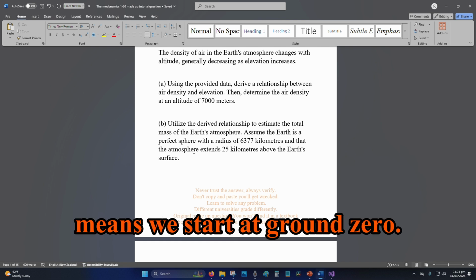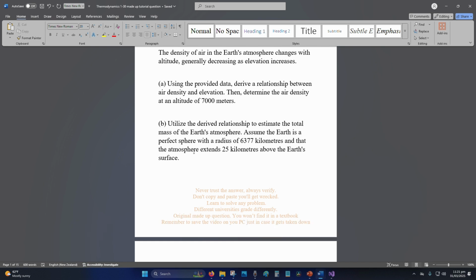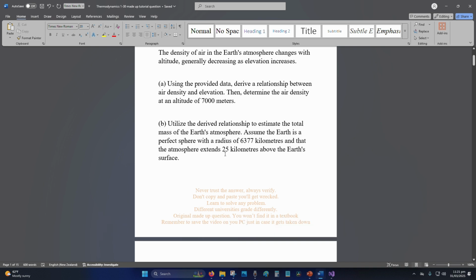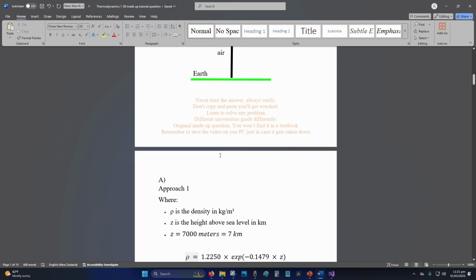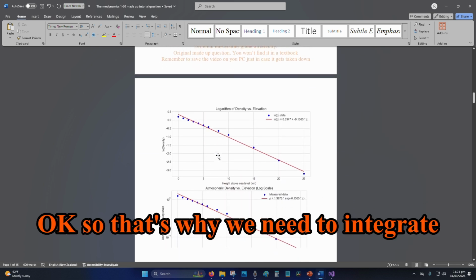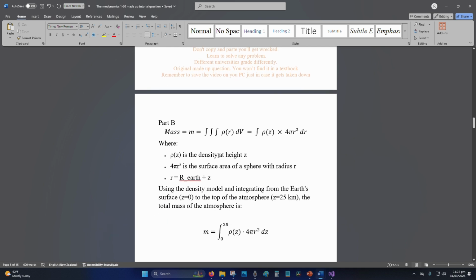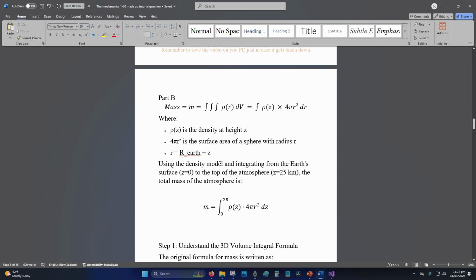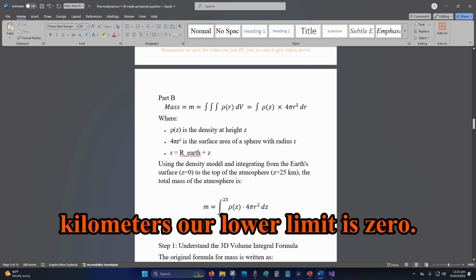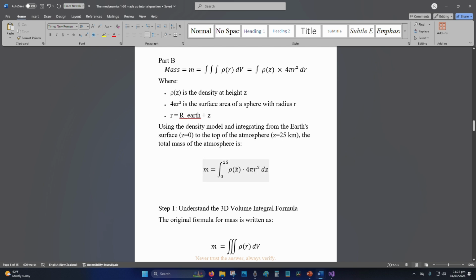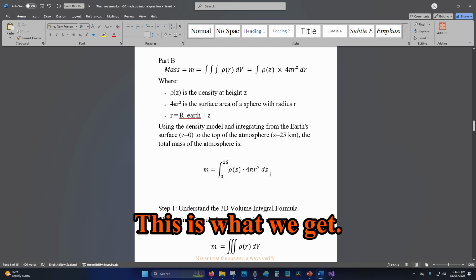So that means we start at ground zero, or sea level, and then we slowly rise to 25 kilometers. Okay, so that's why we need to integrate, because we are approaching 25. Okay, so our upper limit is 25 kilometers, our lower limit is 0. So this is what we get.